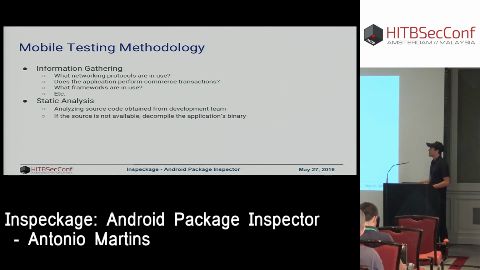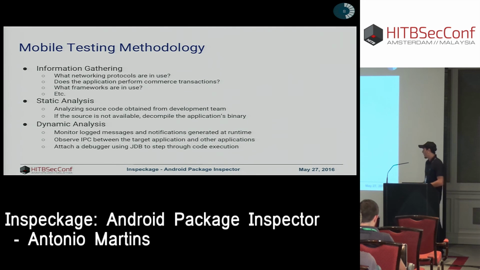We have the phase of static analysis. So if you have the source, you can do this analysis. If you do not have the source, you need to decompile the application and look for bugs, for hard-coded information. And the dynamic analysis. You need to monitor the messages logged by the apps.